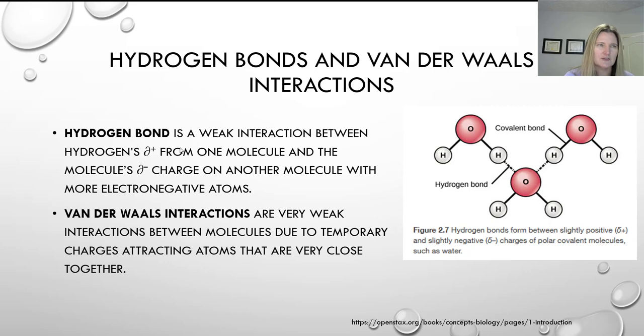We don't really talk too much about it, but sometimes when we have the electrons moving around the nucleus, we can have a temporary partial charge formed when the electrons are being shared by something else. And because of that, just that temporary partial charge could cause some weak interaction with another nearby molecule with a partial charge.